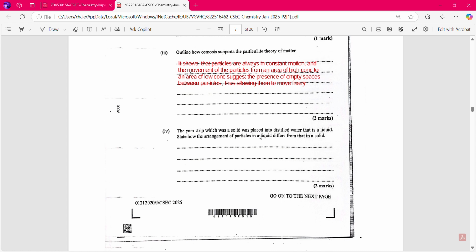The yam strip, which was a solid, was placed into distilled water that is a liquid. State how the arrangement of particles in a liquid differs from that in a solid. So what's the arrangement in a liquid?